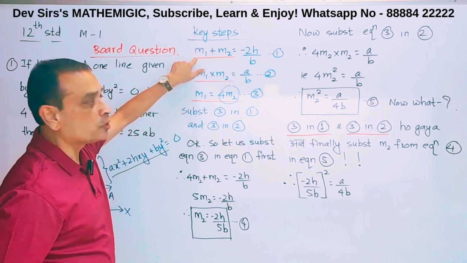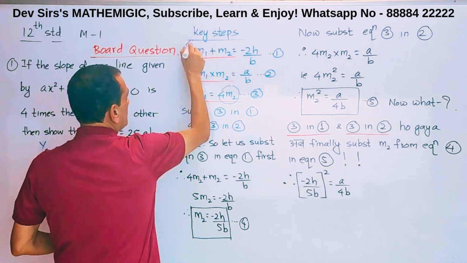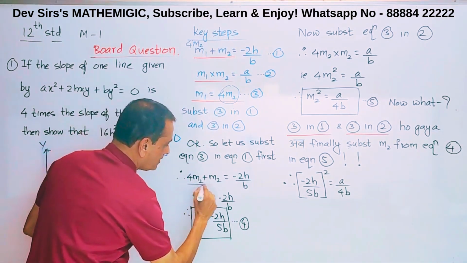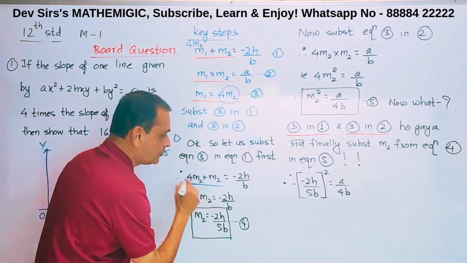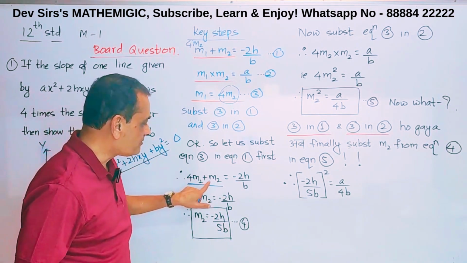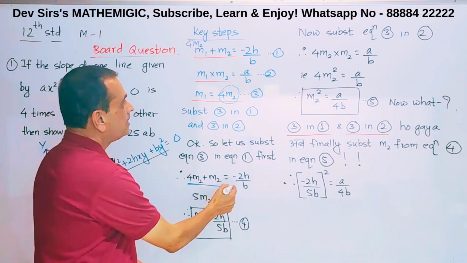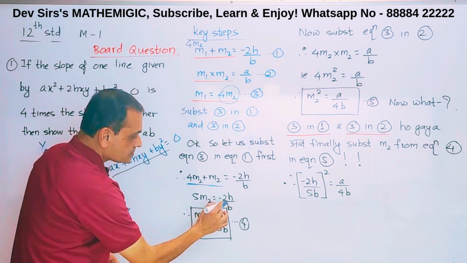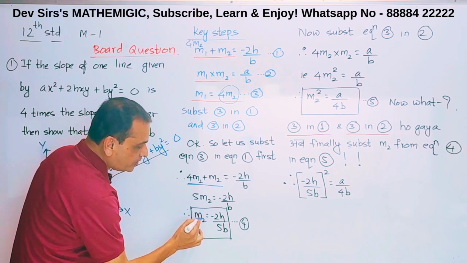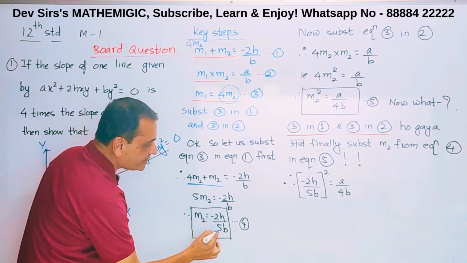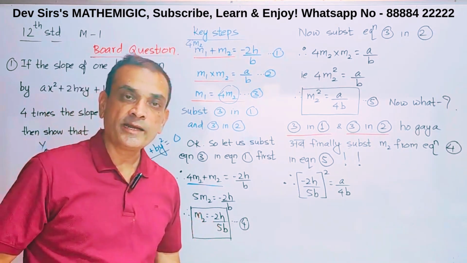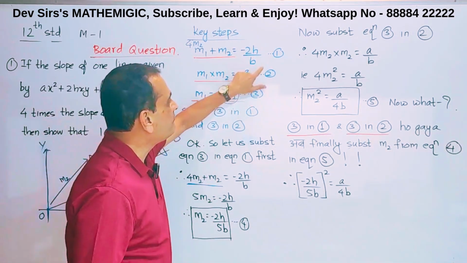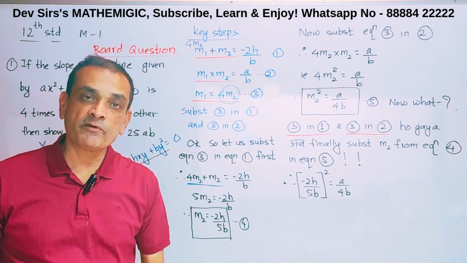So 4M2 plus M2, that is 5M2, minus 2h upon b, as before. Now bring the 5 down: M2 is equal to minus 2h upon 5b. That is how we get equation 4, from 3 in 1.